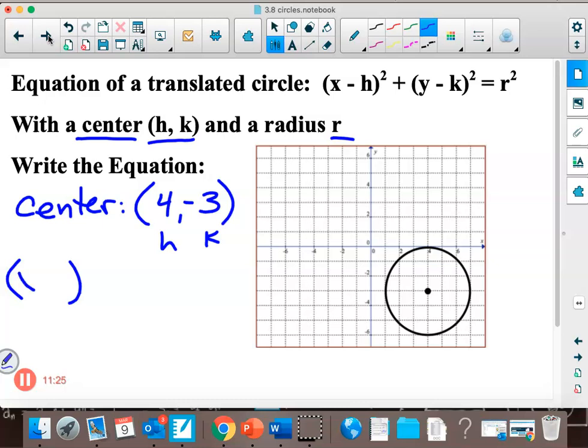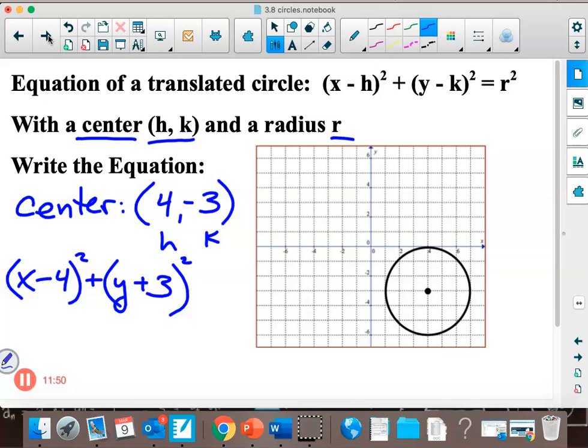So I'm going to have x, what's going to go in here? -4. I'm shifting 3 down, so I'm going to have y +3. Got to change the sign on both of them. When you're in those parentheses, nested with the variable, you got to change the sign on both.